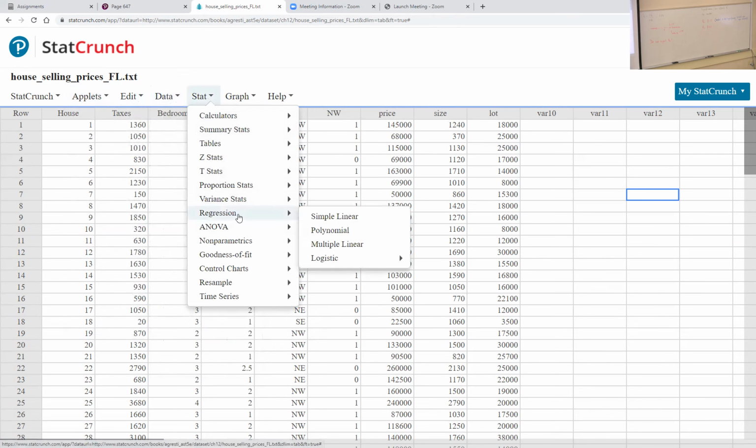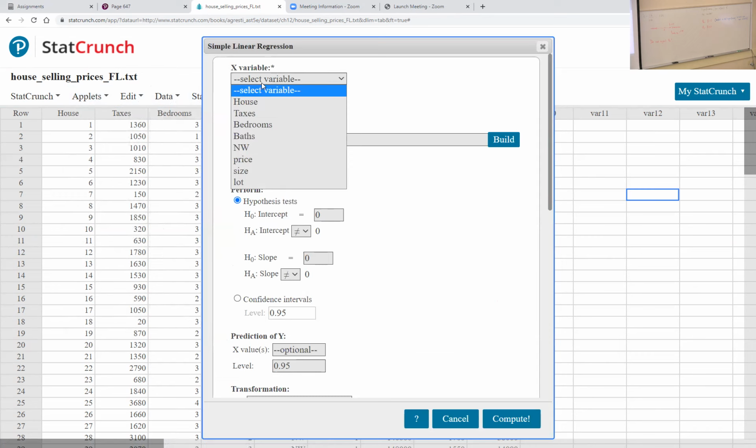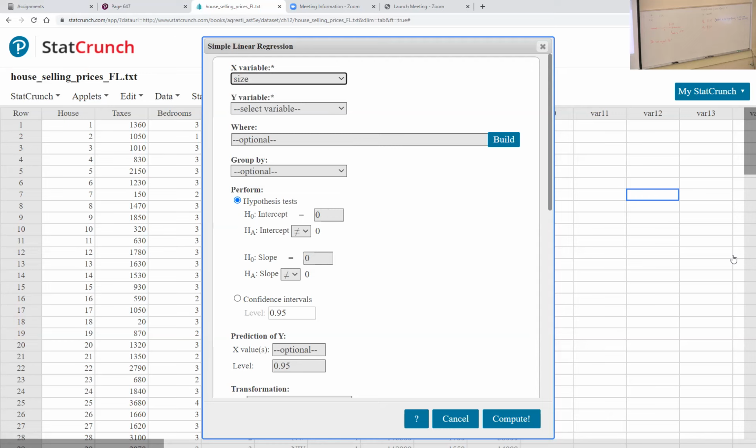Regression, start, regression, simple linear, asking for the X variable. What is our X variable from the question? The size of the house, so I'm going to pick size. What is the Y variable? Price, the selling price.